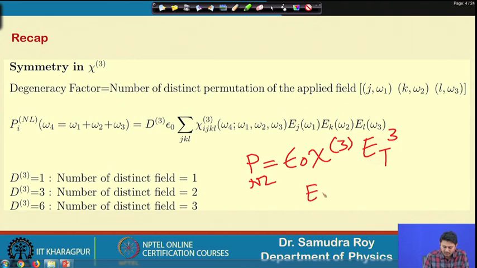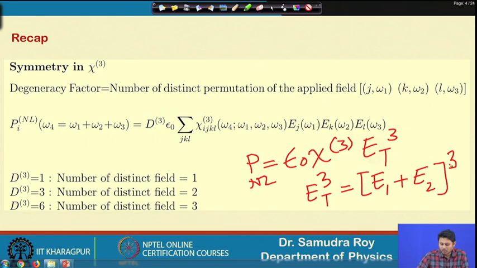Now, if E total contains two different fields, say E1 and E2, then this cube is nothing but (A plus B) whole cube.